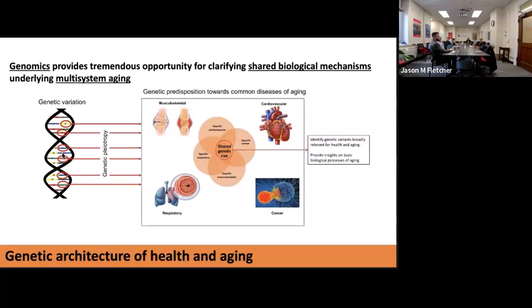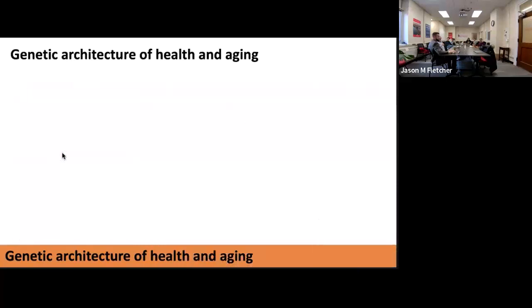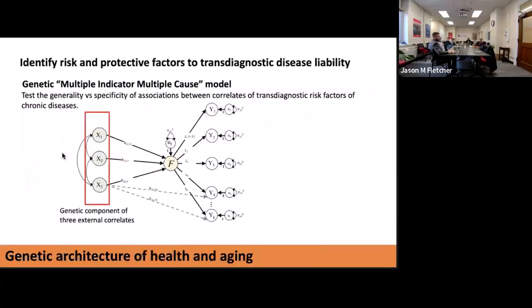Yeah, so for the MIMIC approach, I have already tested the association between some external correlates and these factors of genetic risk sharing. Not for the general disease liability factor, but for the transdiagnostic risk factor for respiratory diseases, I have already tested the associations, and some of these external correlates are epigenetic clocks of biological aging, the genetic component of those clocks, because there's genetic variation contributing to epigenetic variation.